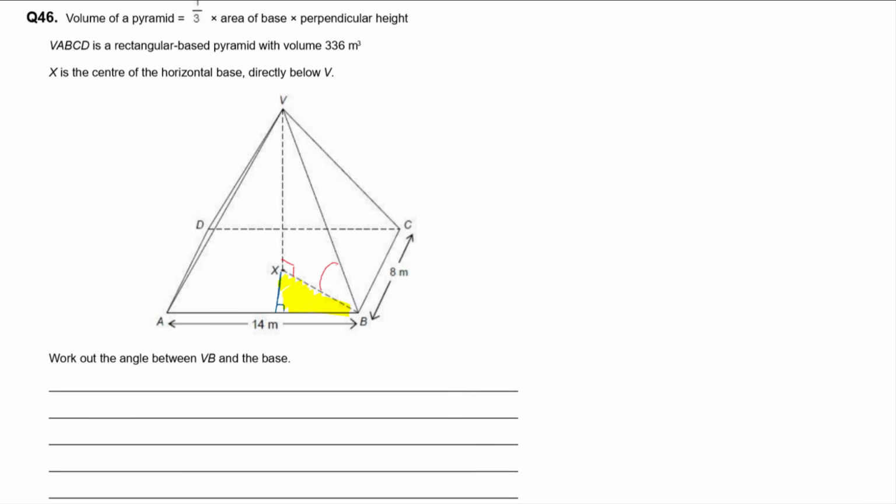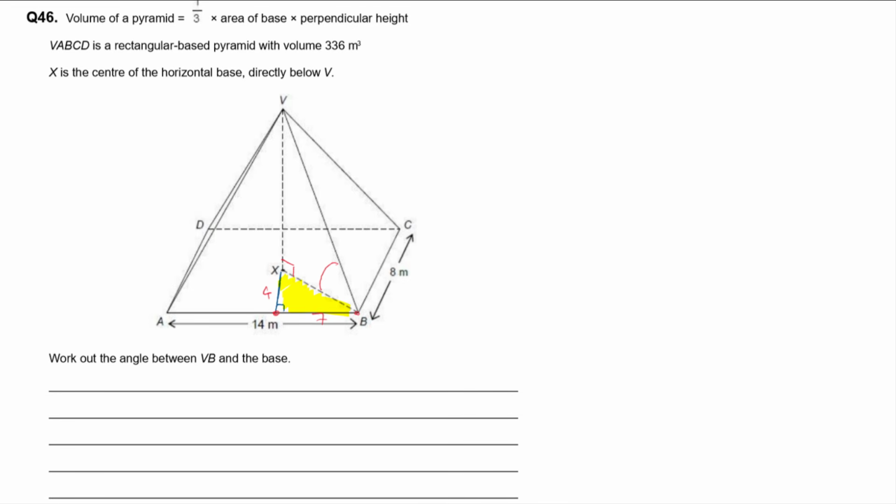I can work out Pythagoras theorem from, because I know that the distance from there to there, look, is going to be 7. It's half the 14, and the distance from there to X is going to be 4, isn't it? Okay, so then I can work out XB from that then.